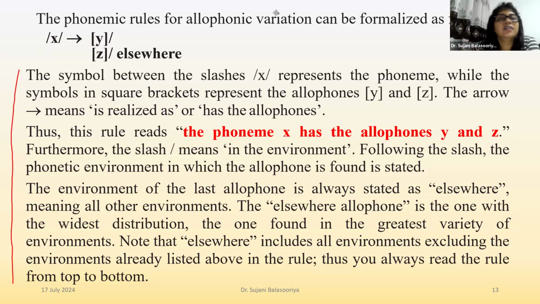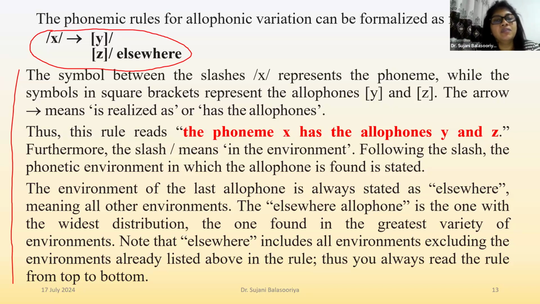The phonemic rules of allophonic variation can be formalized. This is the basic rule. Actually, this is not a particular rule. This is the basis of the formation of phonemic rules. So why are X, Y, Z there instead of particular sounds or symbols?